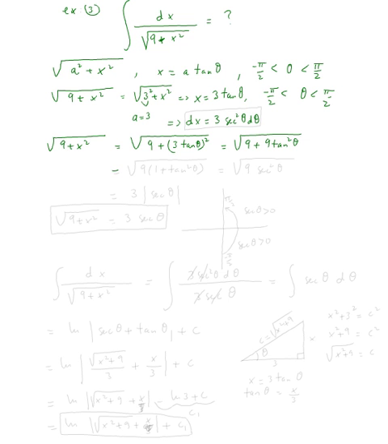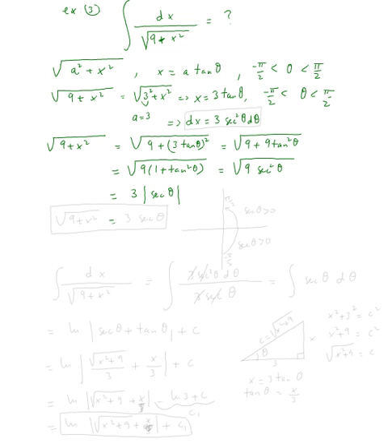Now we factor the 9: 1 plus tangent squared theta, and 1 plus tangent squared is secant squared, so secant squared theta, which is equal to 3 absolute value of secant theta.